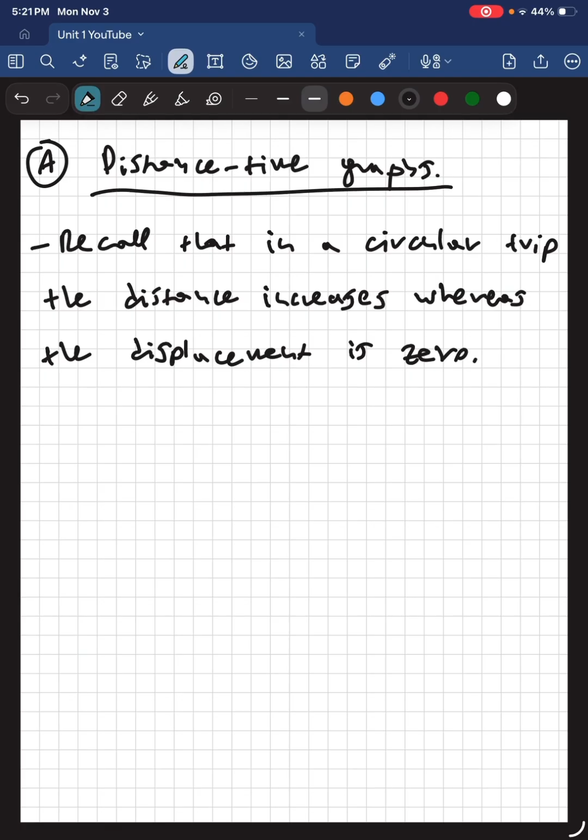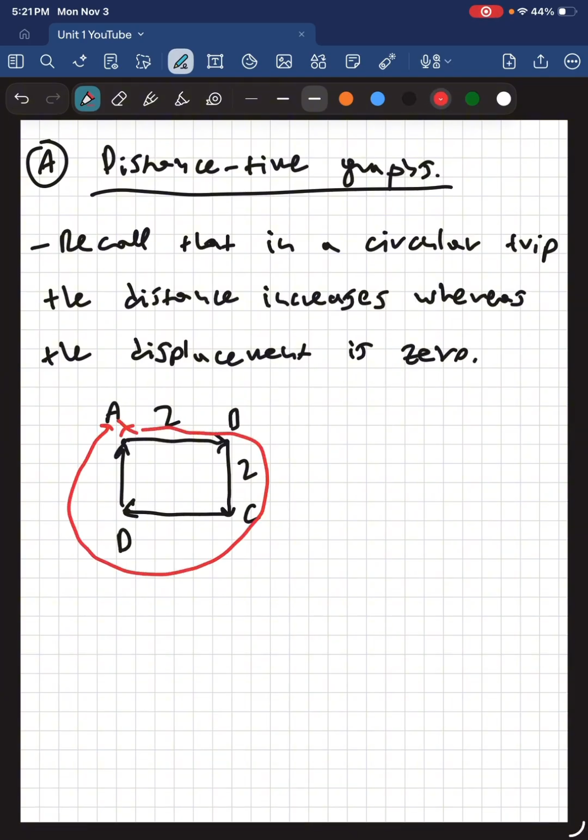And when I say circular, I really mean moving around a square, for example, okay? So I go from A to B, then to C, then to D, and then back to A. Let's call this a rectangle, okay? So if I start at A and go all the way around, that's why I call it circular, and come back to A, the distance I covered is 8 meters, right? Because it's 4 sides times 2, that's 8, but the total displacement is 0.